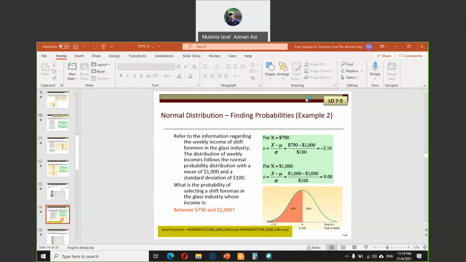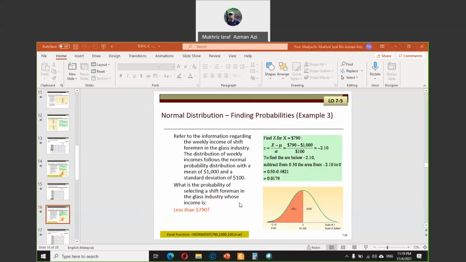We also went through the last example, less than 790, whereby you want the area on the left side of the tail in the normal distribution. The question requires you to calculate P(X less than 790), so in this case there's only one value, not between two values.